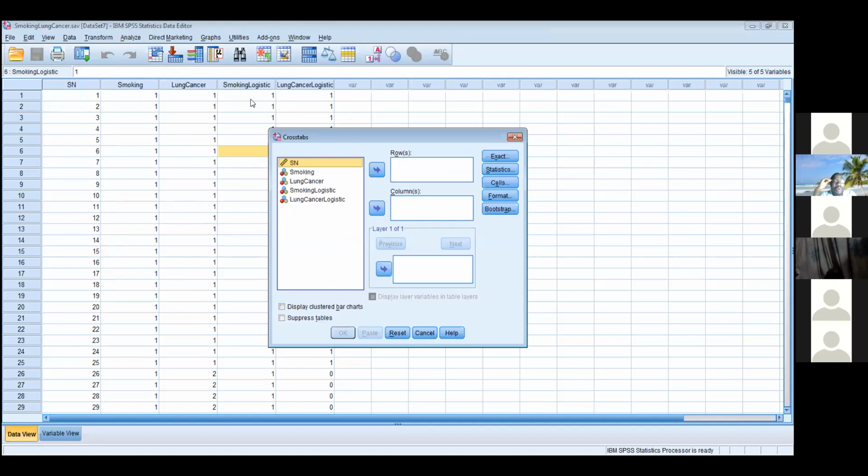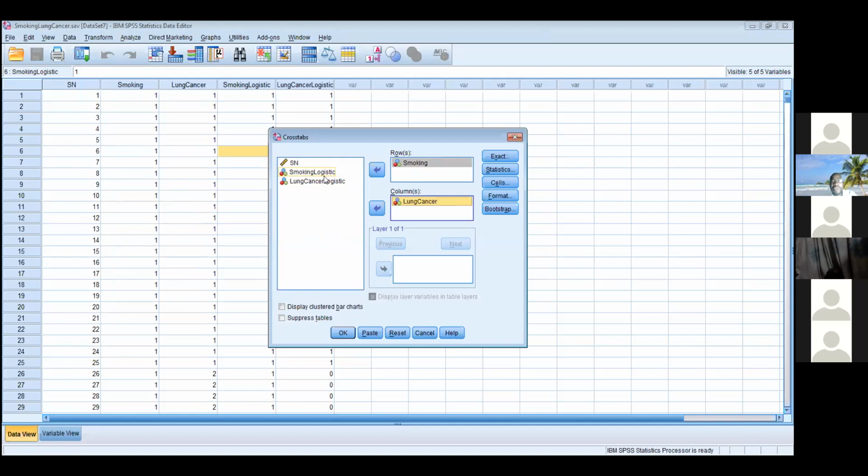So move smoking as the exposure, row. No, lung cancer is the column. Put it. Click on statistics.